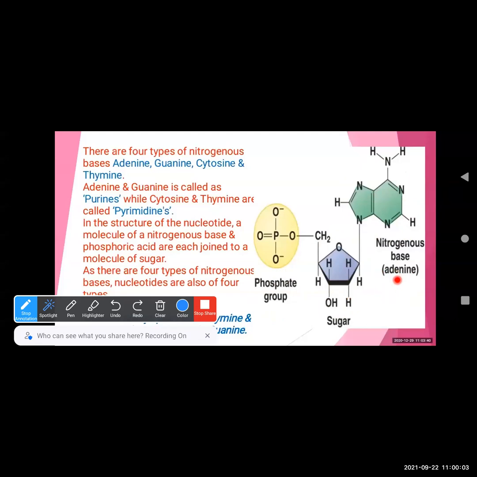This is the structure of the adenine, right? So sugar attached with phosphate group and sugar attached with nitrogenous base. All these 3 together form one nucleotide. This is only one nucleotide, right? Sugar phosphate backbone is there, and the nitrogenous base is also attached to it. So I hope that the molecular structure is followed by you. You understand it. Okay.